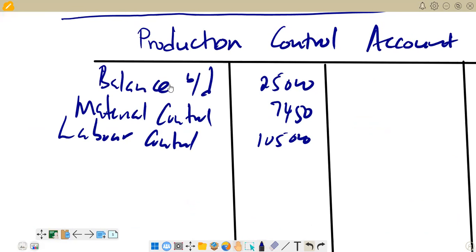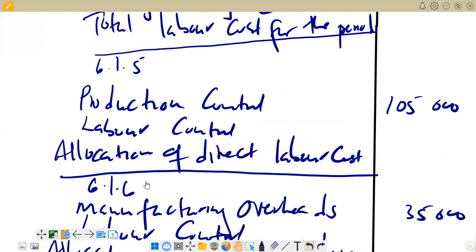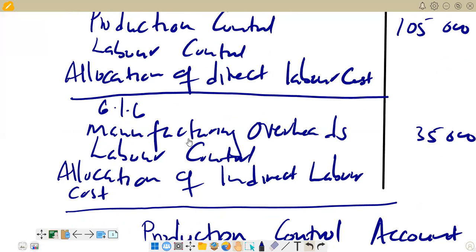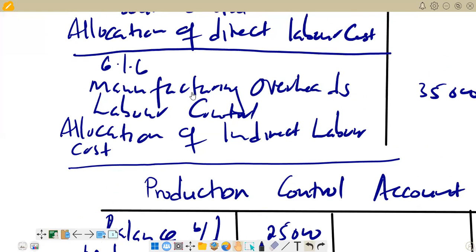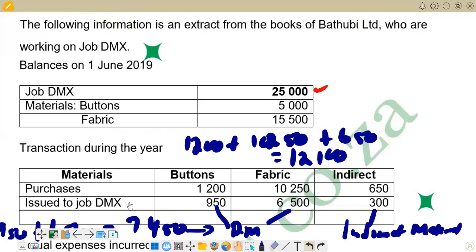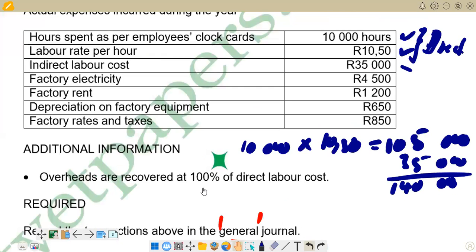We go to check if we've got any other entry affecting there, 6.1.6. We do not have any. So this is the last one. But let's go back to the question. The question is saying overheads are recovered at 100% of direct labor costs.